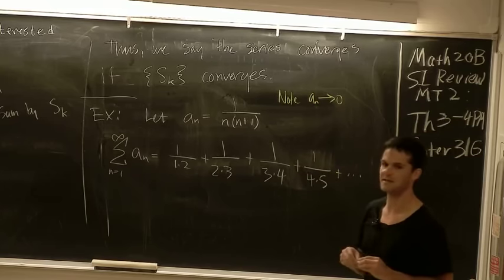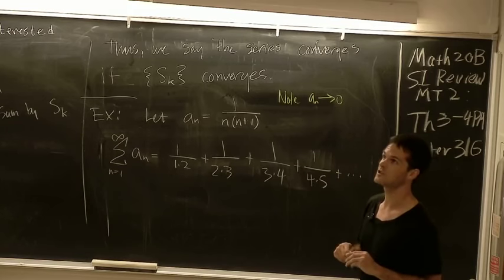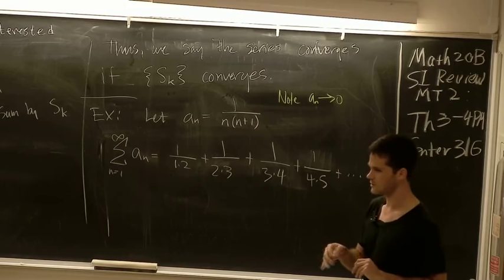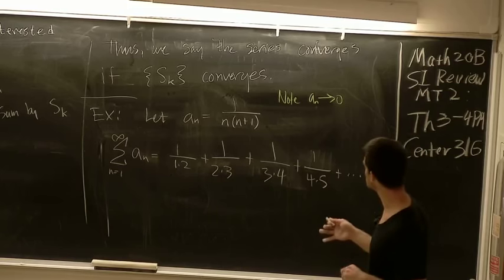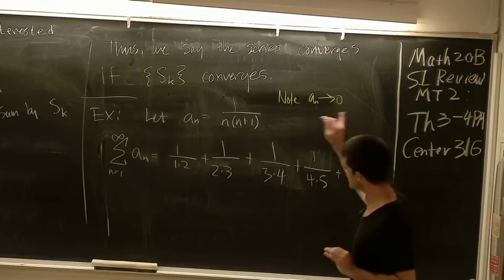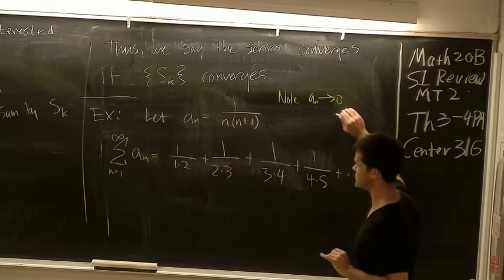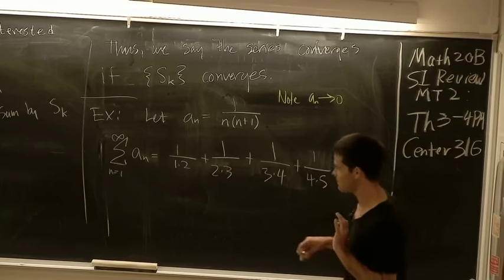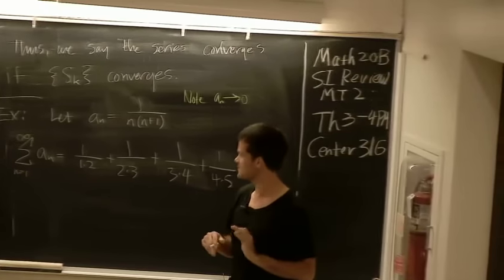There's a very classic example of that, which unfortunately I don't have the tools yet to prove to you. So we'll have to do this example later. It'll come up, but certainly the terms have to go to 0 for it to converge. But like I said, that's not sufficient.